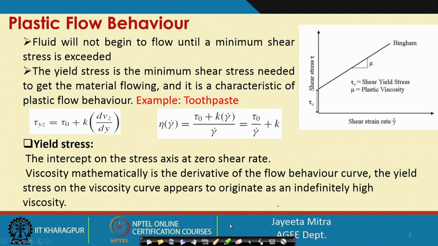So, the intercept on the stress axis at 0 shear rate is the yield stress, and in this region we can observe that although we are applying stress, there is no change in the strain. So, the viscosity is mathematically the derivative of the flow behavior curve. The yield stress on the viscosity curve appears to originate as an indefinitely high viscosity, and because of this we observe no flow. Viscosity is actually to resist the flow.